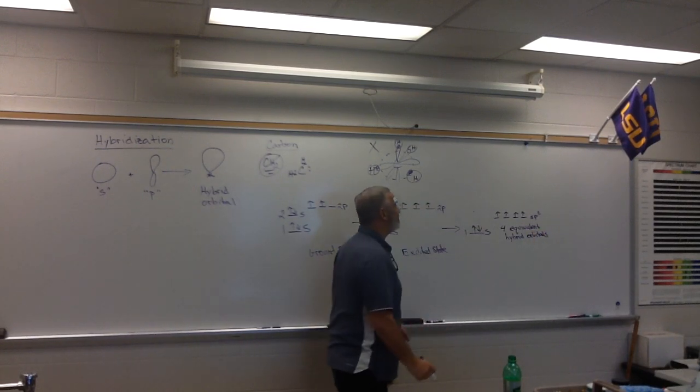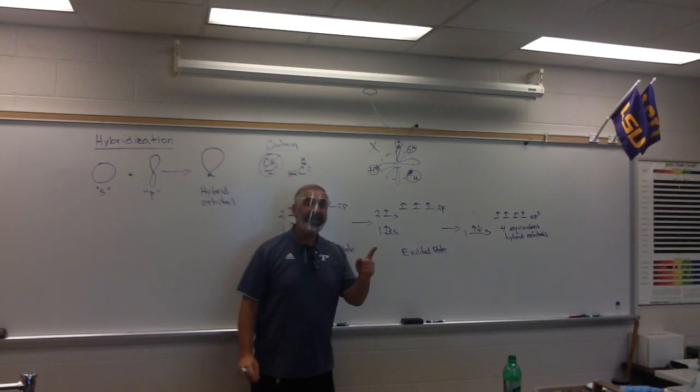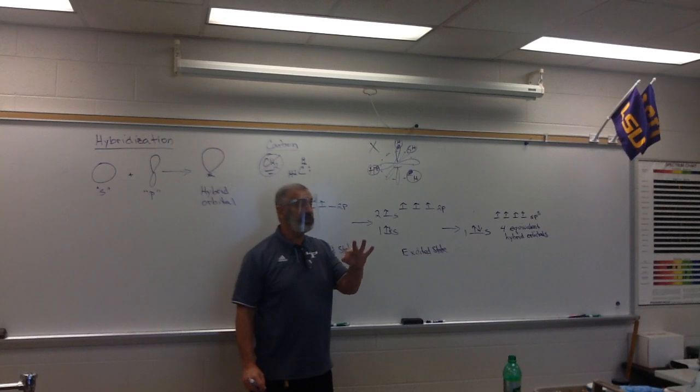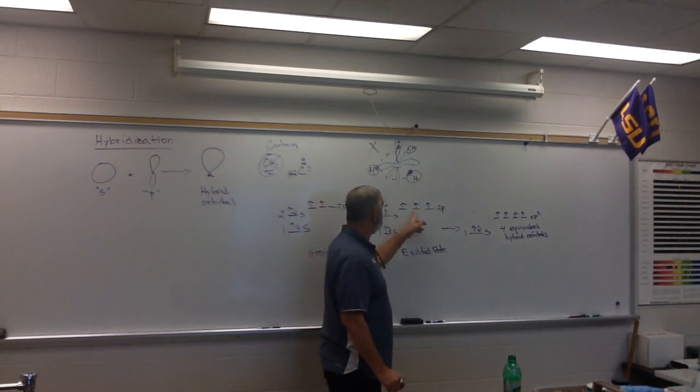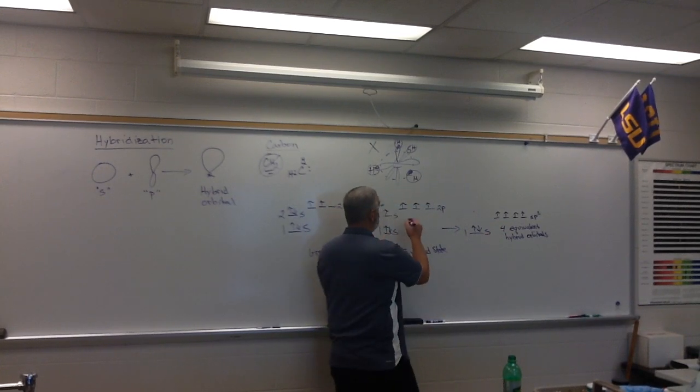We'll call it sp3 hybridization, because the s and all 3 of the p orbitals are involved in the hybridization. So you had 4 orbitals to start with, you have 4 orbitals to end with. Notice that the energy, I tried to make it right in between the s and the p.